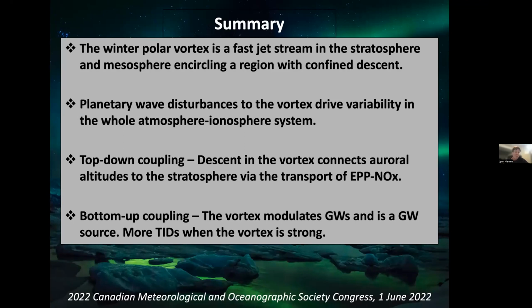You have to be careful because of this atmospheric filter effect, in that the instruments can only see a certain part of the gravity wave spectrum, and the vortex makes those gravity waves visible because of the high winds.